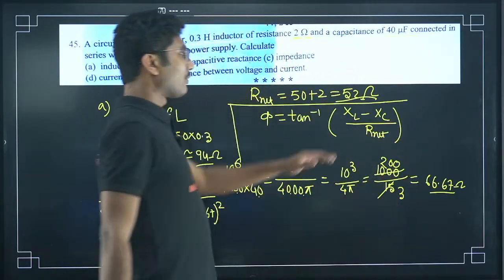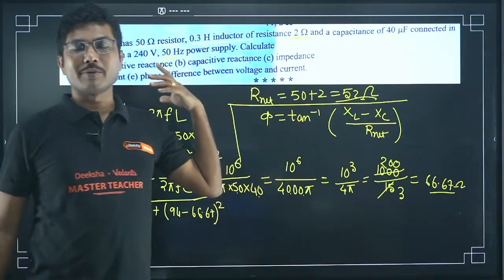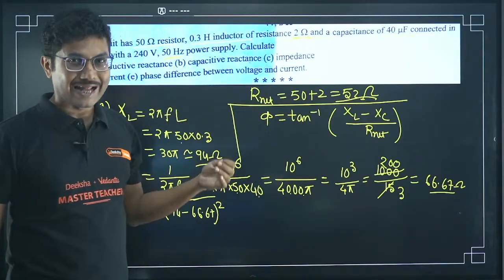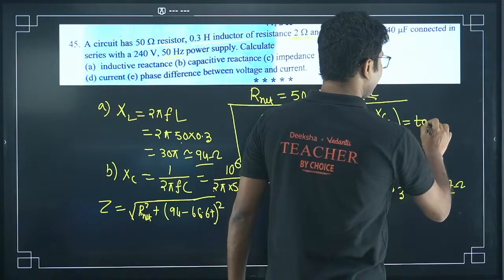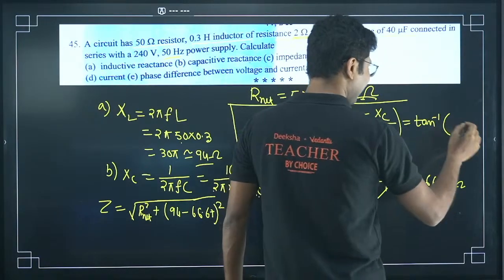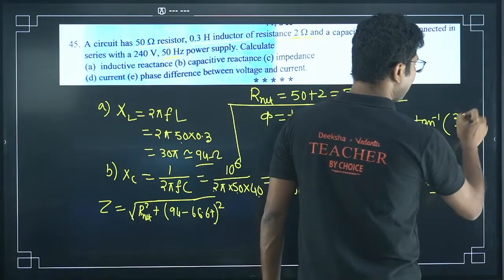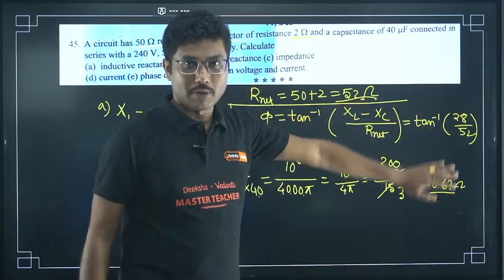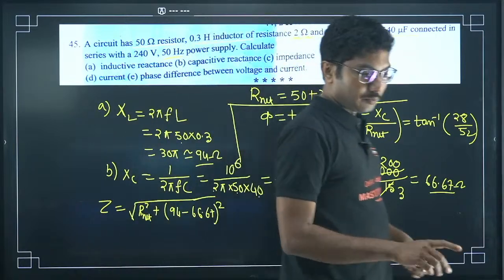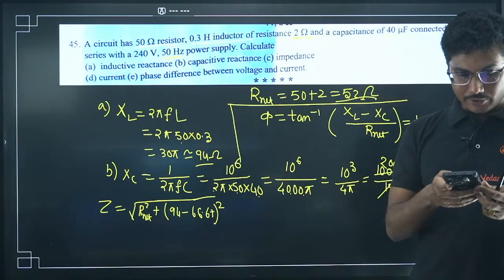If you don't want to calculate the exact value, you can leave it in this form. Otherwise, to calculate tan inverse you have to use a tangent table. No need; even if you leave the answer as tan inverse of, I think, 28 divided by 52, simplify it as much as possible and you will get full marks for that. And any other question you want me to solve, please let me know.